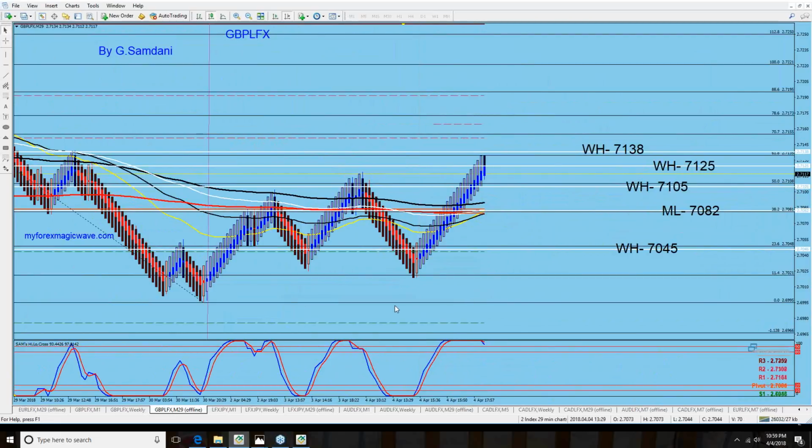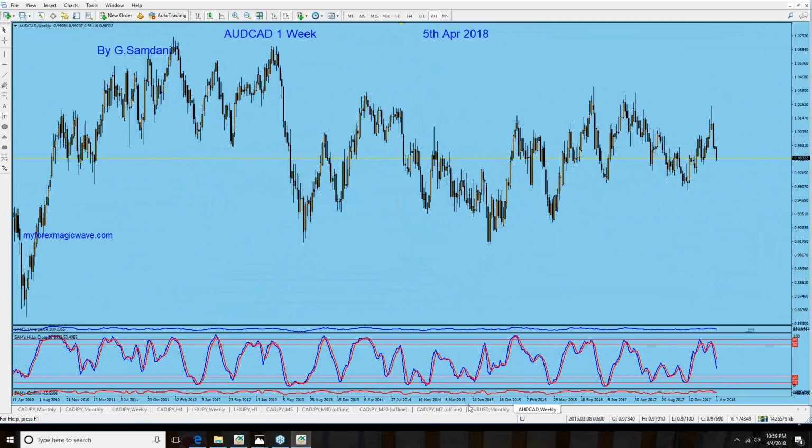So any pound pair, for example, how about pound yen? Because yen was getting weaker, and here pound was supposed to get strong from there after reversal at the 70-45 area, right? The blue candle closed above it. So what was the time again? 4-4, 15:30. So let's go take a look at the pound yen at 15:30.